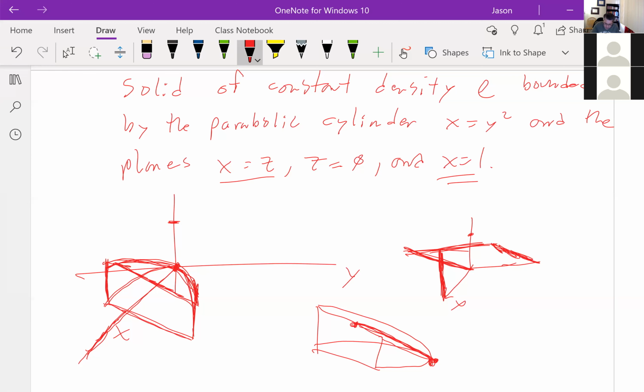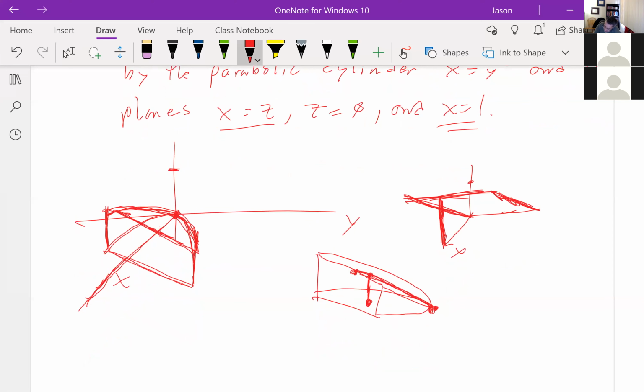Okay, so that's the cheese wedge, right? So we want to set up a triple integral for this thing. What is z going from? Doesn't z go from 0 to whatever x is?